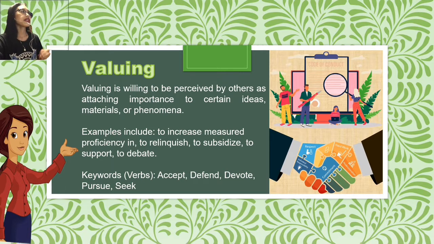For example, the teacher teaches students that they must tell the truth and always be loyal to their friends. At this level, the students will not only listen and respond, but also follow these values in their lives. The keywords in setting the affective learning domain are accept, defend, devote, pursue, and seek.